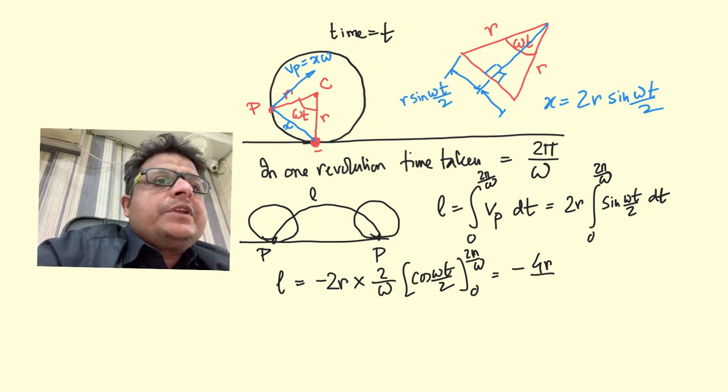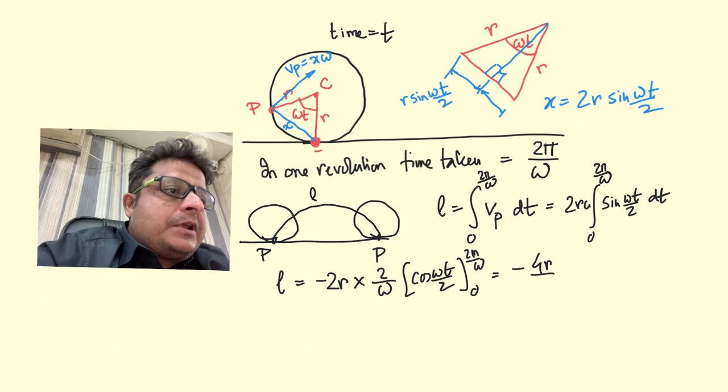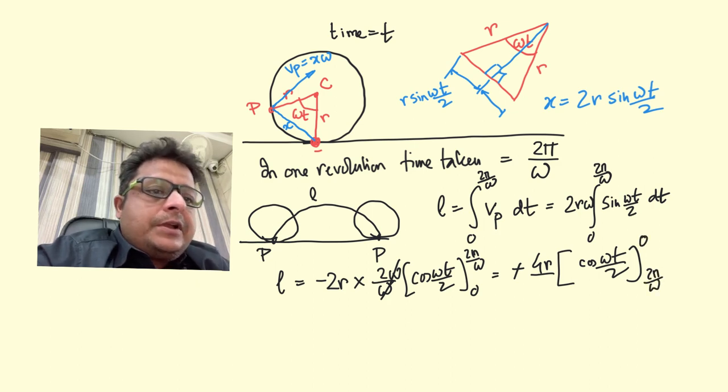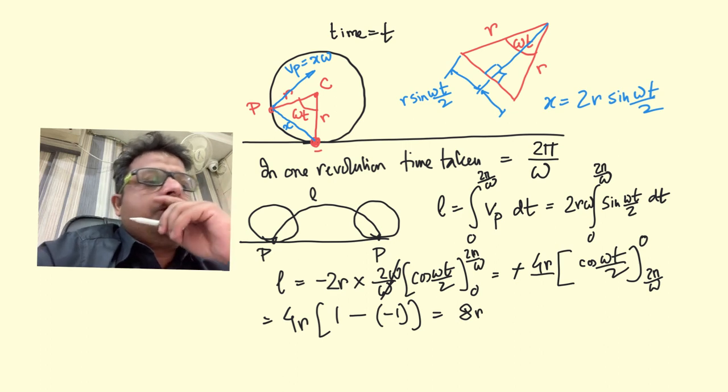I think there was this omega, x omega, right? Vp is equal to x omega. Yeah, so one omega was missing there. So this omega will cancel, minus 4r, or rather remove this minus, I will change the integration limits, cosine omega t by 2, here you have 0, here you have 2 pi by omega. So that means length 4r times cos 0, which is 1, minus cos pi, which is minus 1. So you get 8r. That means the length of the cycloid is equal to 8r.